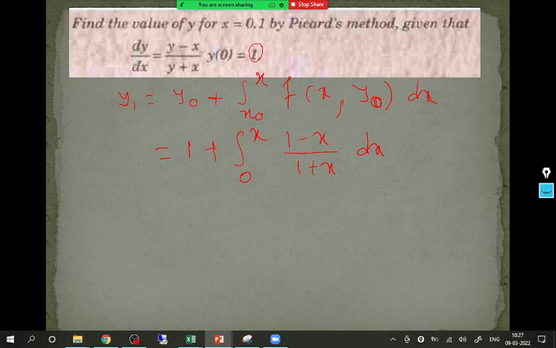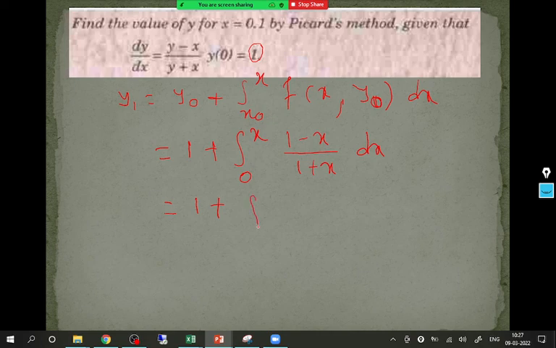Only Picard's method requires integration. The other methods are without integration. Tell me how you can integrate this. Adjustment is always done with a constant.